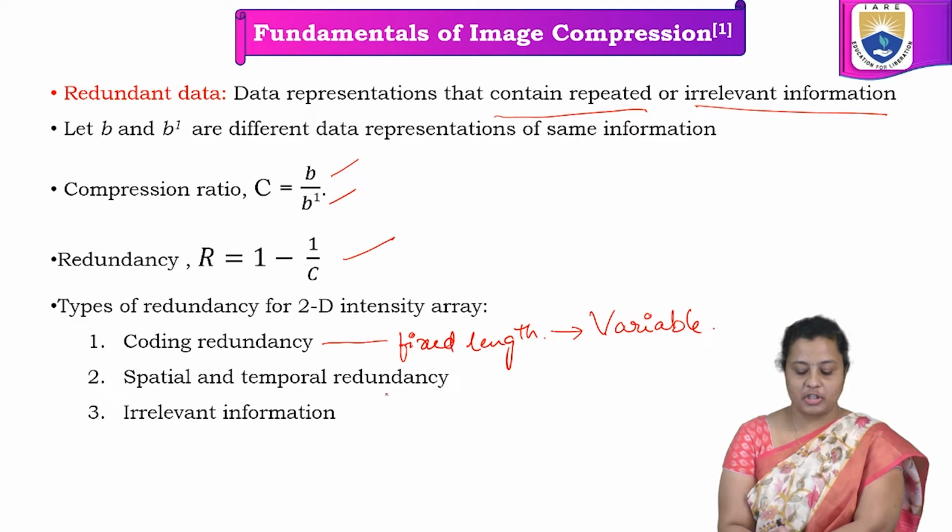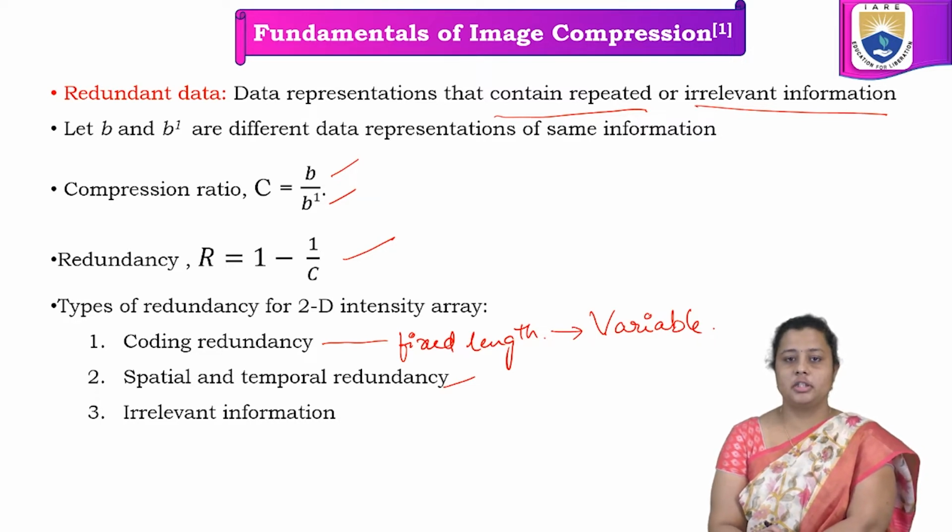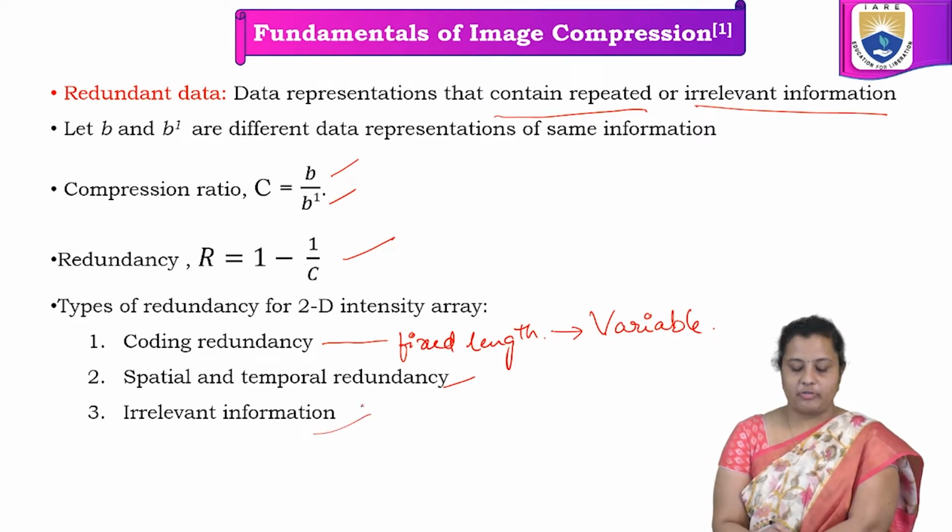To reduce the spatial and temporal redundancy, we have different coding techniques like predictive coding, JPEG and so on, where the spatial redundancy, that is the same information conveyed by a pixel and its neighbors, is reduced. Irrelevant information is also reduced.